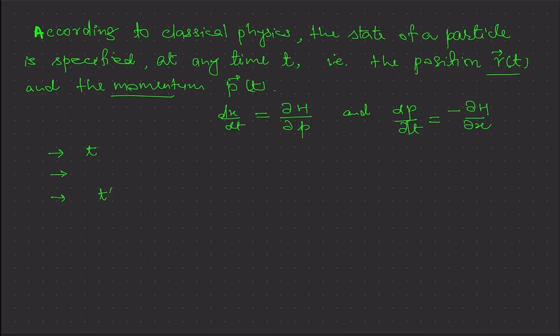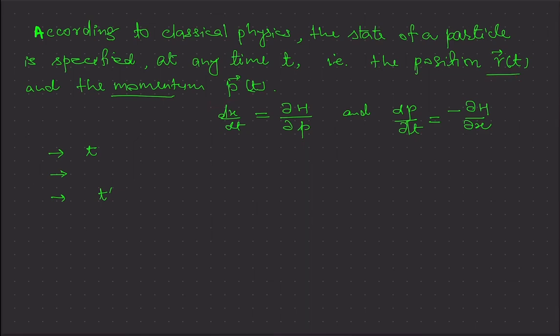The position vector r(t) and the momentum vector p. Any other physical quantity relevant to the system can be calculated in terms of these two dynamical variables r and p.